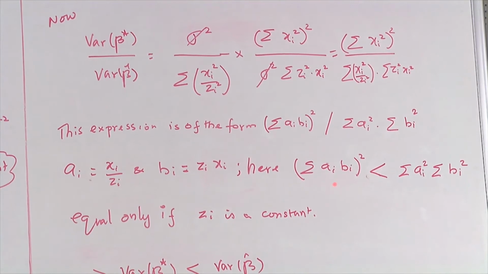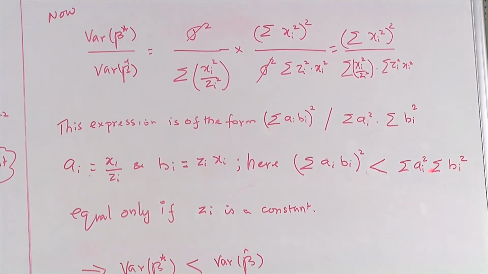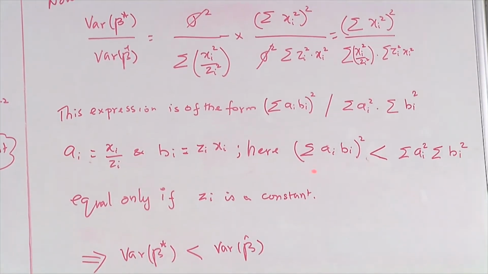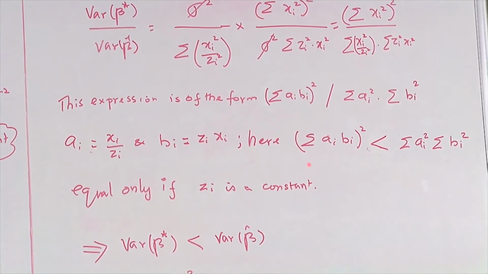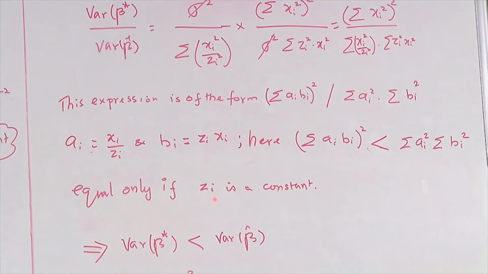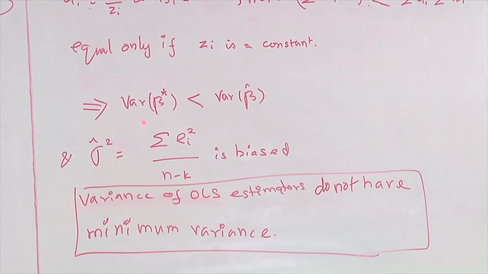Here, sigma ai bi the whole square is less than sigma ai square sigma bi square. This is a common algebraic inequality. This expression is equal only if zi is a constant. So, naturally we can derive from this expression that the variance of beta star is less than the variance of beta hat.